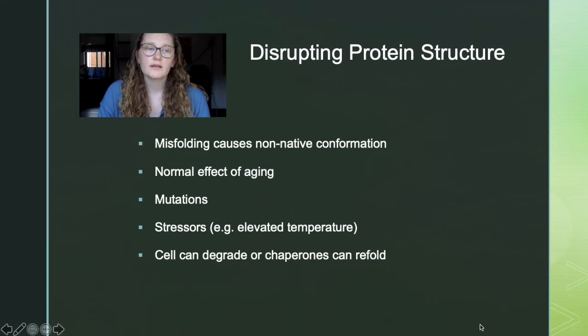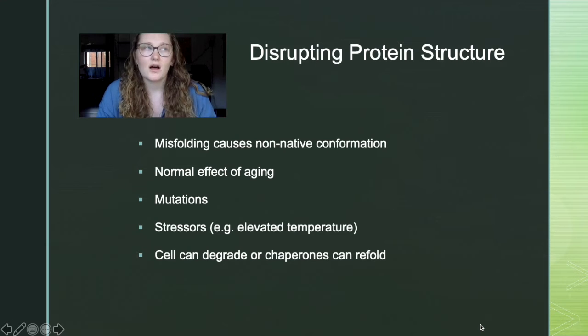So this misfolding is a normal effect of cellular aging. As cells get older, their proteins are just not as good at folding, or they'll fold correctly and then mess up a little bit. But this misfolding can also arise due to mutations or stressors on the cell, like elevated temperature. Now, cells don't really want a lot of non-native protein hanging out.